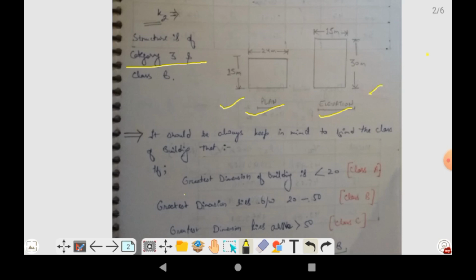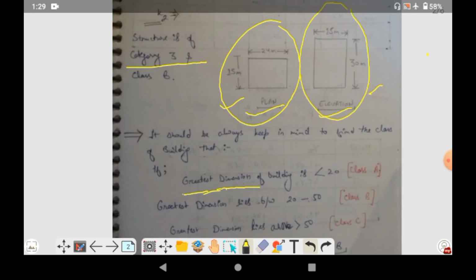So here the greater dimension, as you can see in these building structures, these have different dimensions. Okay, so the greatest dimension among all these is 30 meter. As you can see, 30 meter is the greatest dimension.